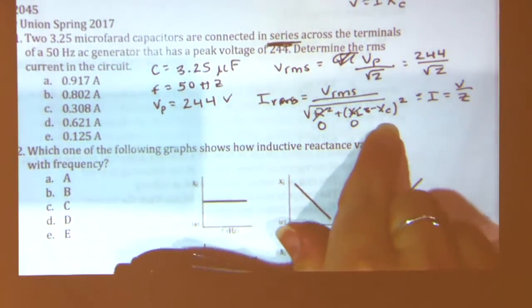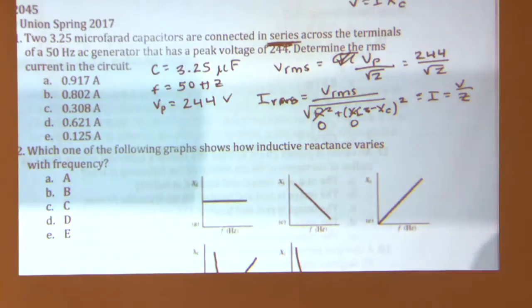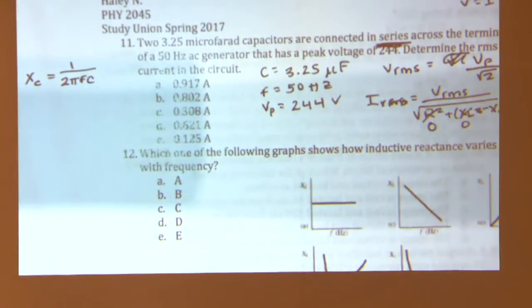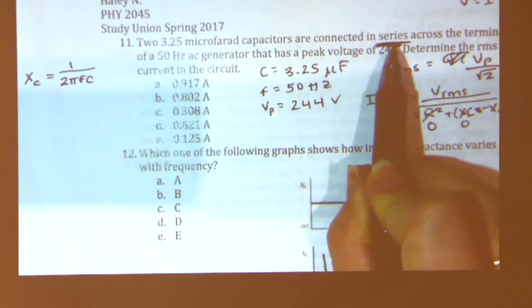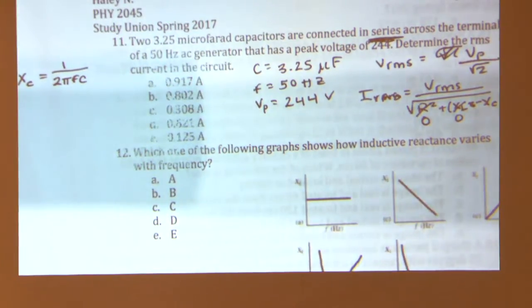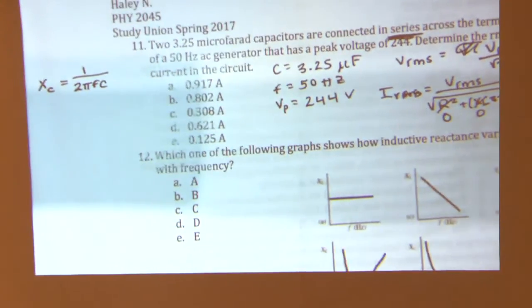For XC, though, we do have capacitors, so we want to use our XC formula, which is XC equals 1 over 2 pi F C. But first, we have 2 microfarad capacitors, and they're connected in series. So we have to go all the way back to chapter 20 to remember how to add capacitors in series versus in parallel.